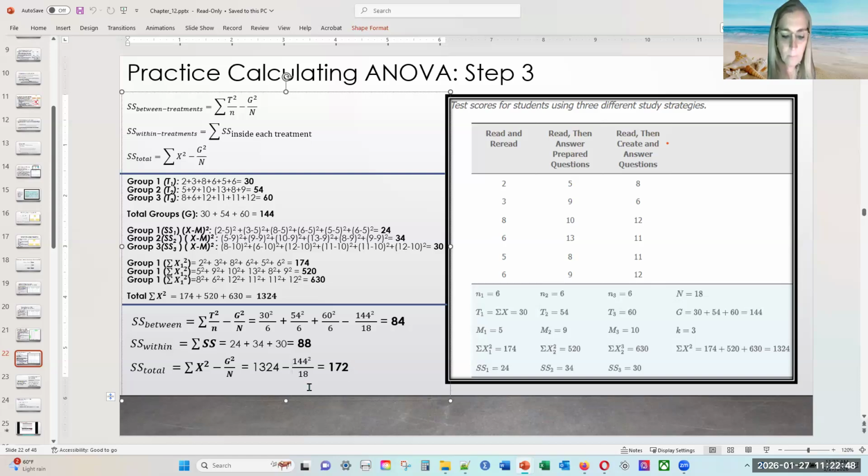All right. You might have noticed that if we take the sum of squares and add them up, we arrive at 172. See how that can be considered the grand total? It's taking the total variance for between the groups and within the groups, right? So you can almost skip this formula.